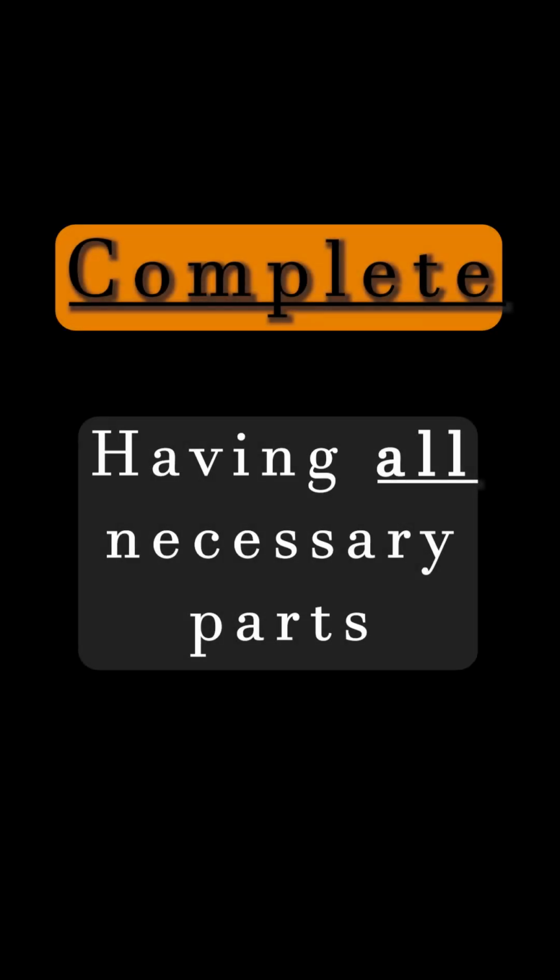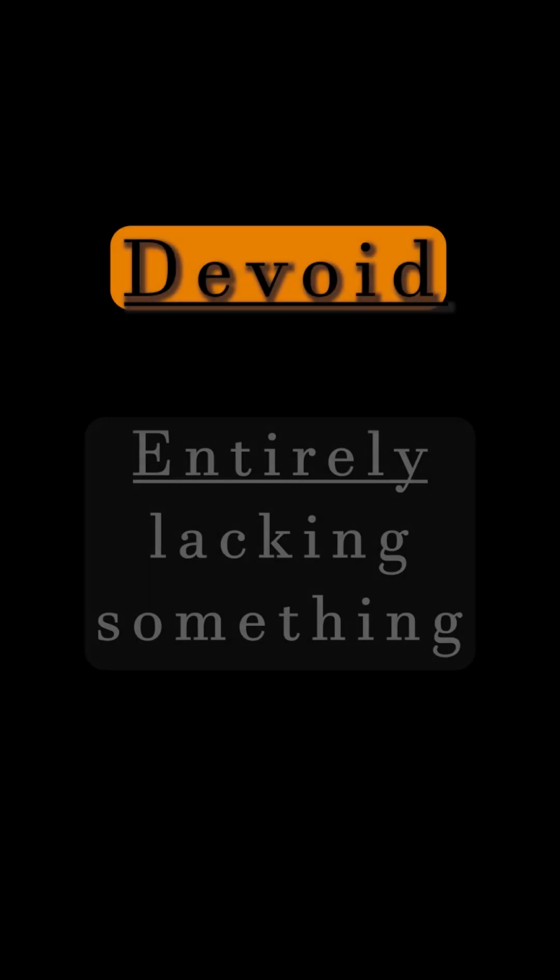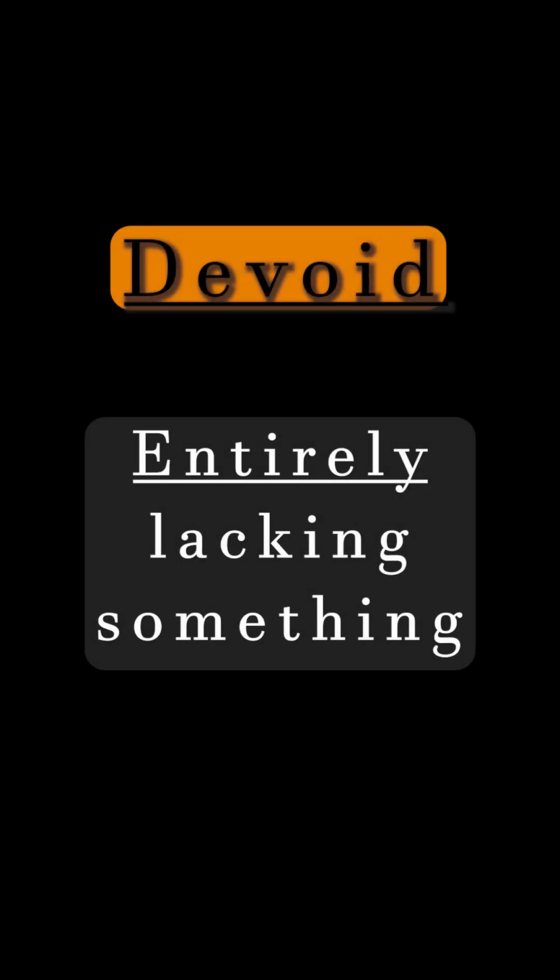Let me give you some examples now of typical absolute words in a sentence and their basic meaning. Complete, which means having all necessary parts, an absolute word. Dead, no longer alive. Devoid, which means entirely or completely lacking something.